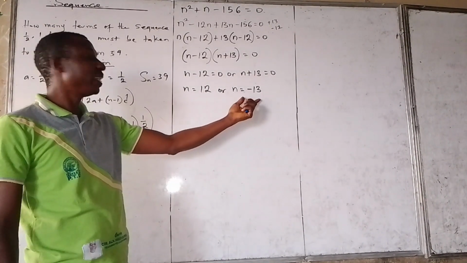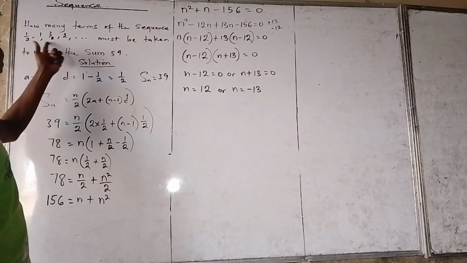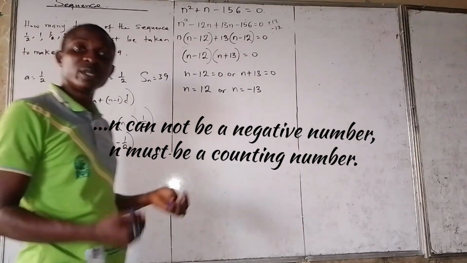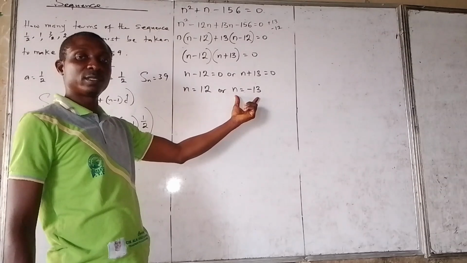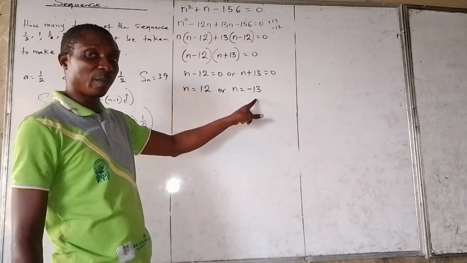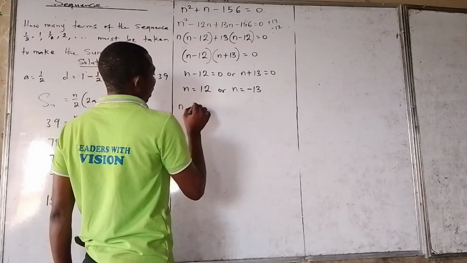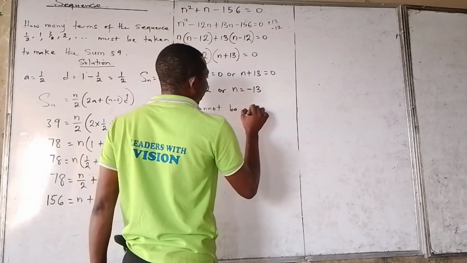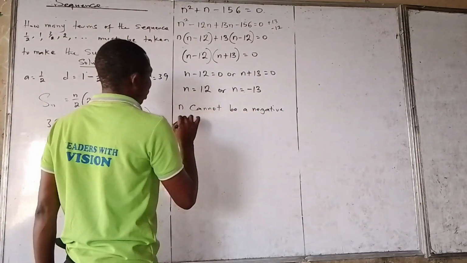Now, n cannot be a negative number, because when you look at the question, you are looking for the number of terms, and that means we are talking about a natural number. So n cannot be a negative number.